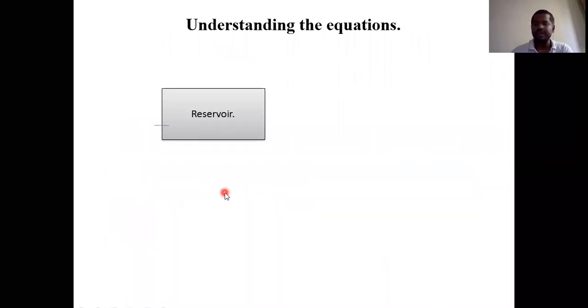For example, let us consider a reservoir, and X naught is the initial storage of the water. After some time, when we consider the water inflow to the reservoir, the water level increases from X naught to X dash.